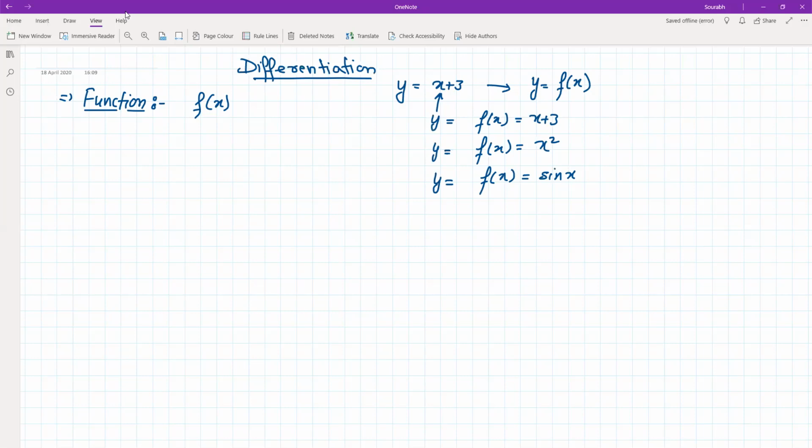So for example, if I say y is equals to x plus 3, so my f of x is x plus 3. Now for different values of x, you will have different values of y. For example, if x is 0, y will be 3. What will be value of y if x is 1? 4, sir. 4.